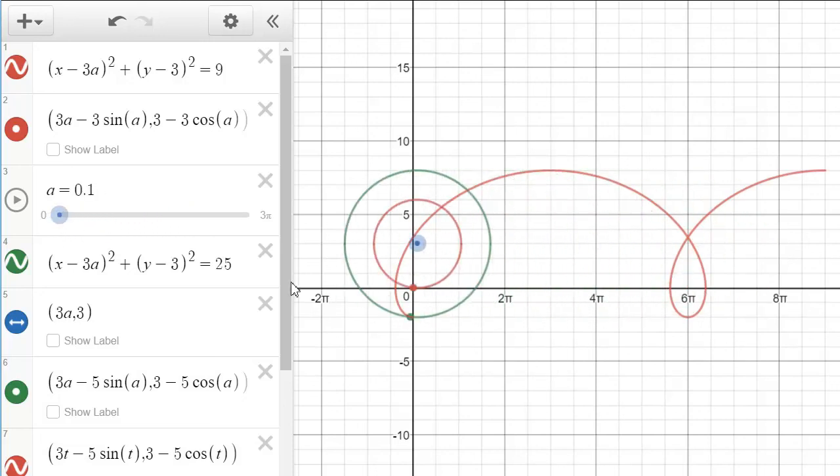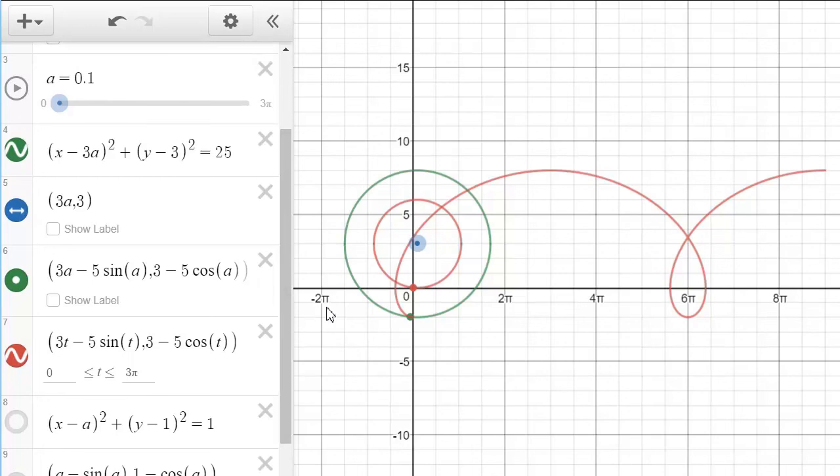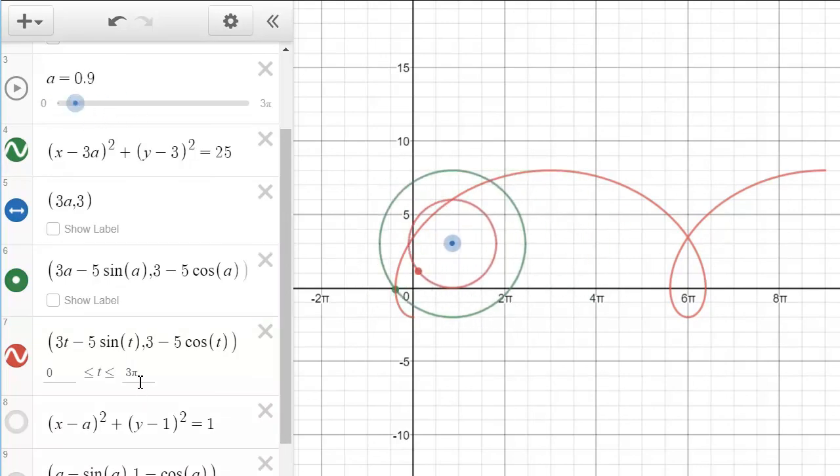So if you want the parametric equations, remember t is reserved within Desmos. A here is us sliding A back and forth. So t here you specify to whichever one you want, from 0 to wherever. It would take into account all the time values from 0 to 3 pi.